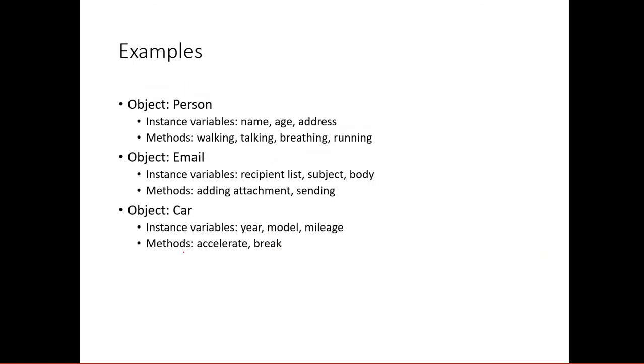Some more examples. A person can be described using the data it holds and any other methods. For example, a person can have a name, address, age, and so on. Then as an object, you can have methods: walking, talking, breathing, running, and so on.